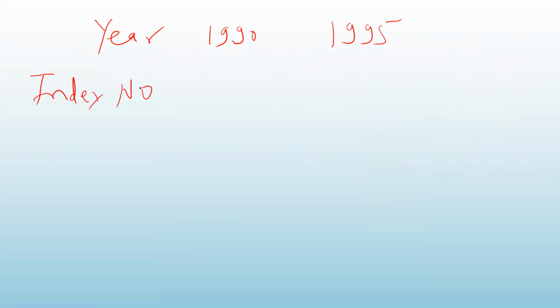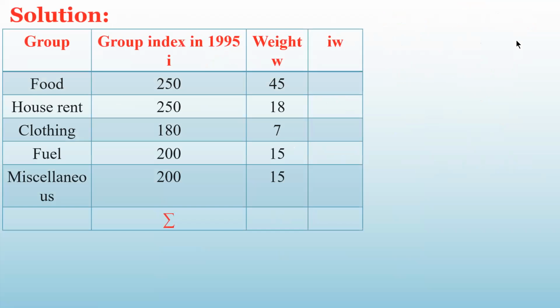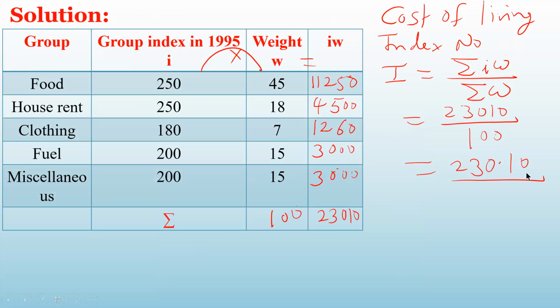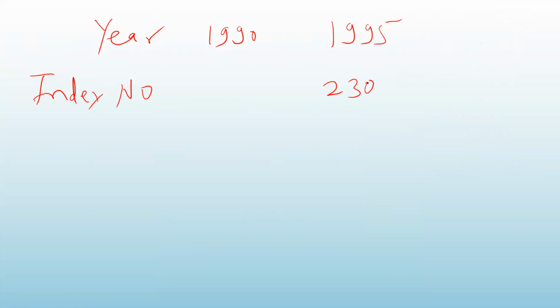Cost of living index number, of course. So we have calculated for 1995, it is coming as 230.10, correct? And as I told you, this is the index number by considering the base year as 1990, correct? And as I told you, the base year's index is always considered as 100.